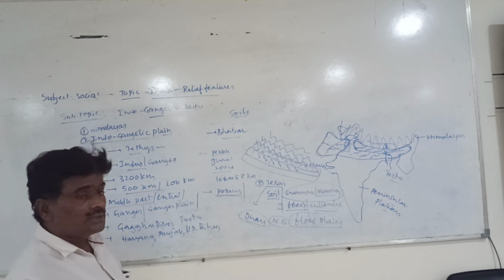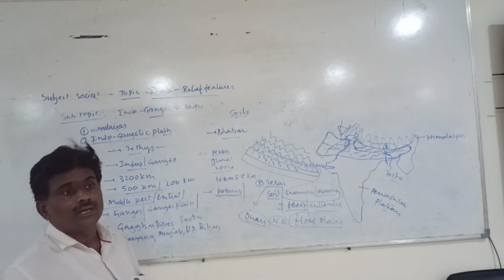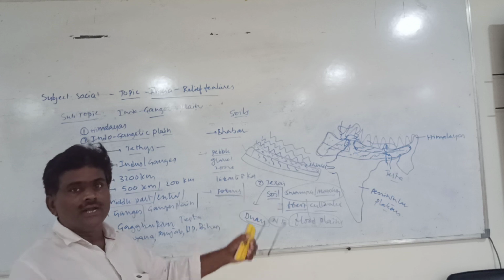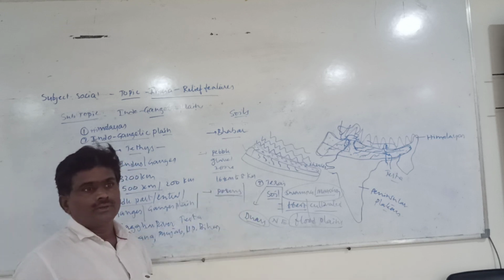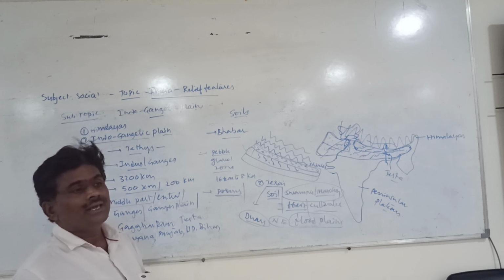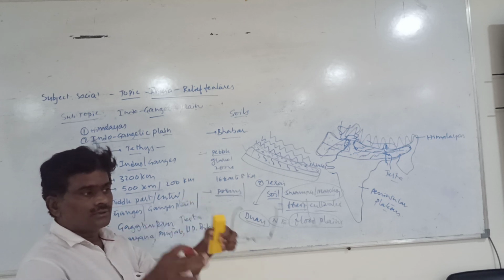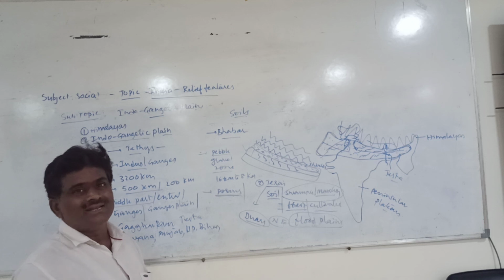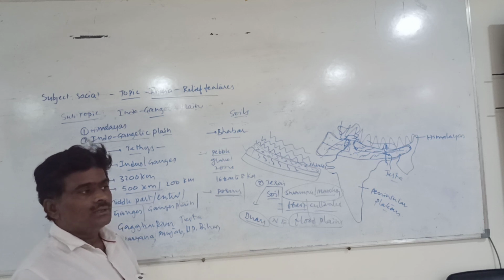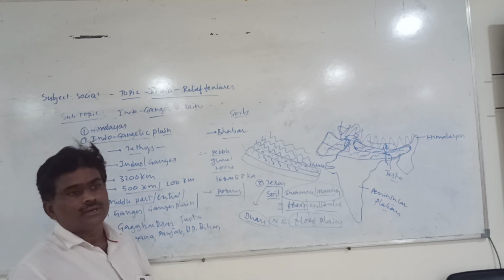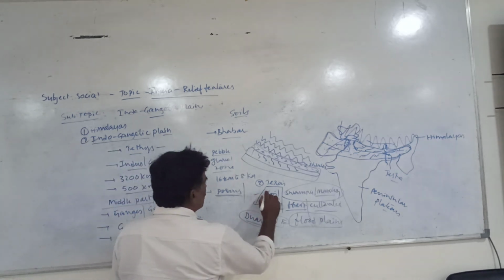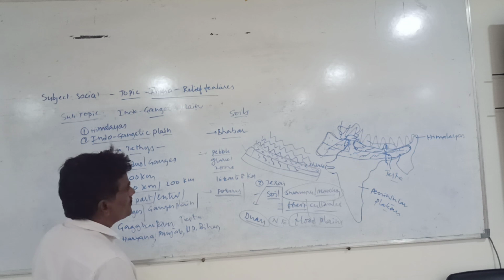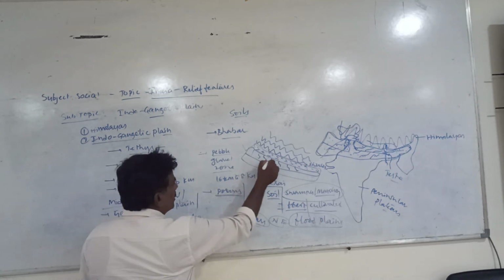Whenever a river with more water comes down and expands in the plain area, around 20, 30, 40, 50 kilometers on either side, it deposits the silt that it brought. The silt and gravel lead to the formation of very fertile soil. This is another type of soil seen to the south of Bhabar.